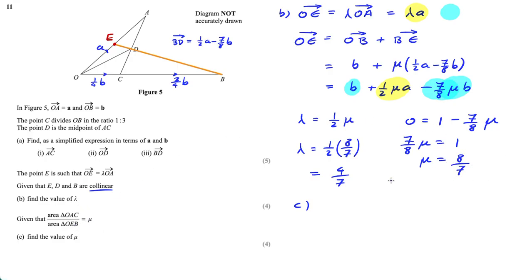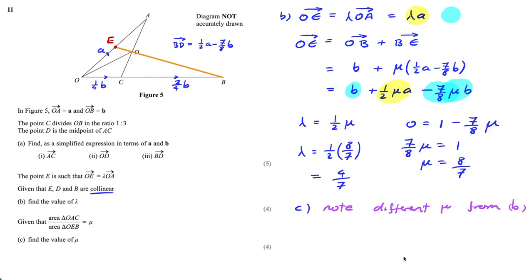Note, a different mu from part B. So obviously the answer is not 8/7. Area of triangle OAC over OEB is equal to mu.